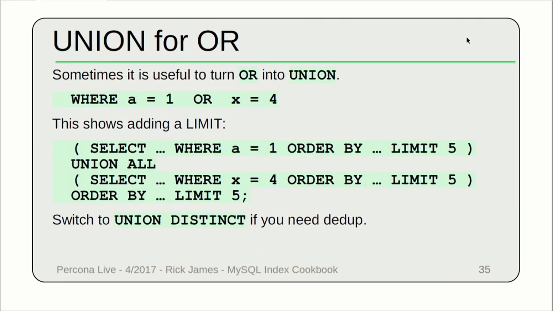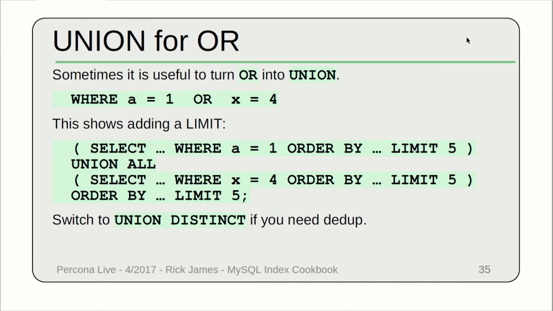OR. I said OR is bad. This is a possible workaround. I say possible because it's usually clumsy and you may not want to bother with it. And if you have multiple ORs or whatever, it could get really bad. Note, I'm testing two different columns for values. I'm not looking at a single column; that's a simpler matter.